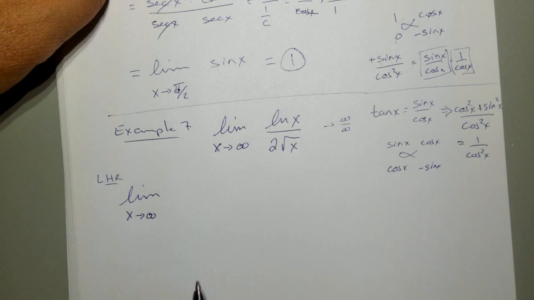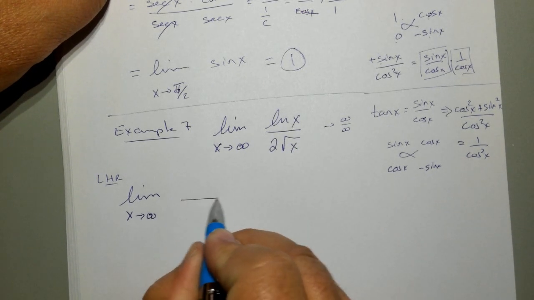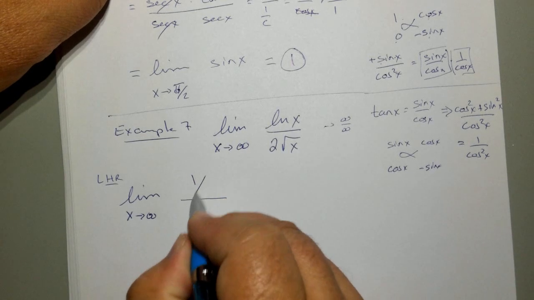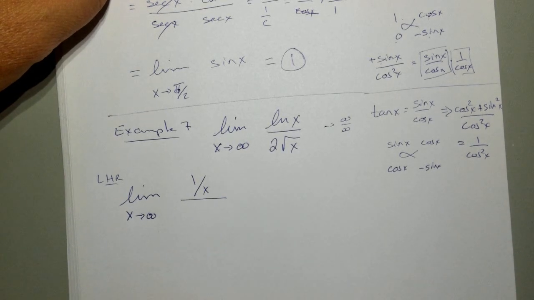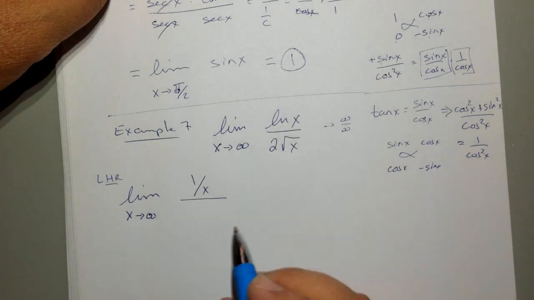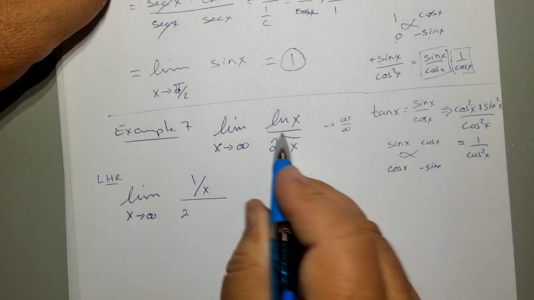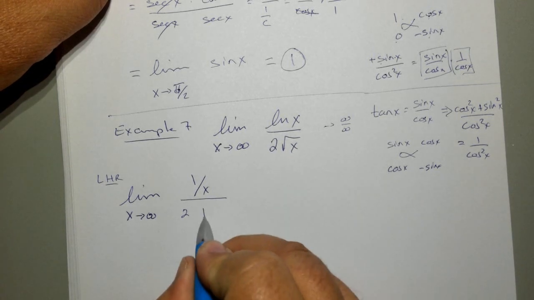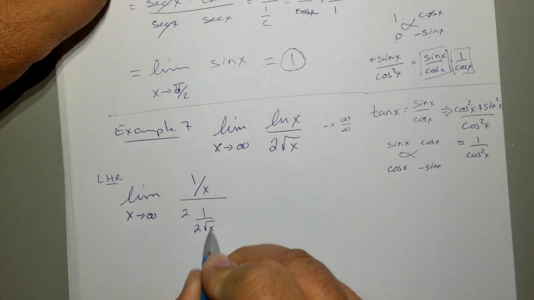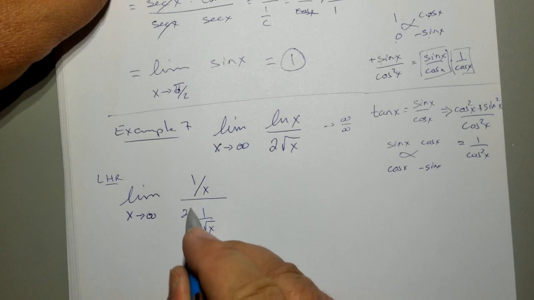What's the derivative of ln x? 1 over x. The derivative of 2 square root of x is 1 over 2 square root of x. The 2's cancel.